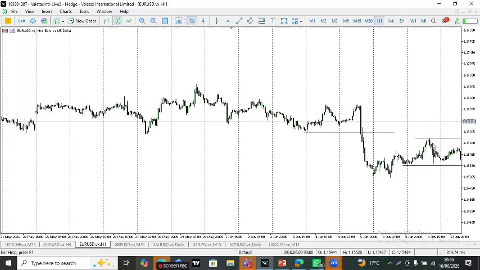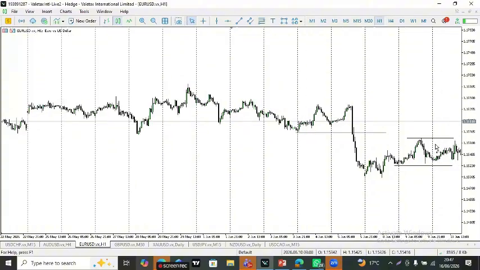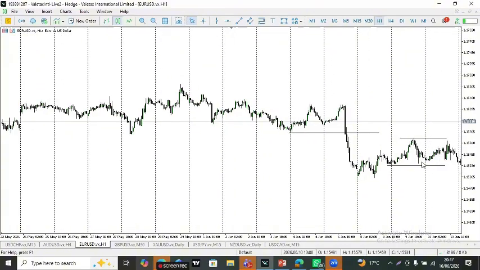Now, as long as price action has not broken below this low, my mind is I am looking to buy, because we have bullish market structure. I'm looking to take advantage of buying inside the internal structure. I'm looking for that opportunity to buy inside the internal structure.